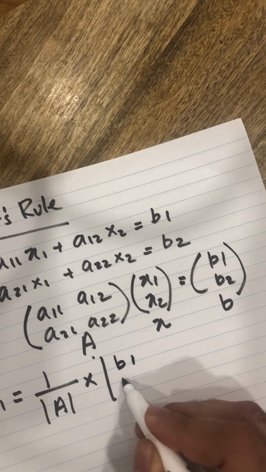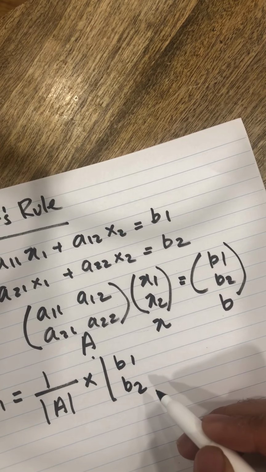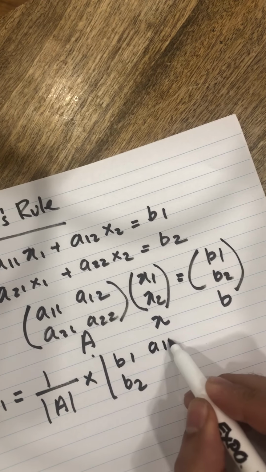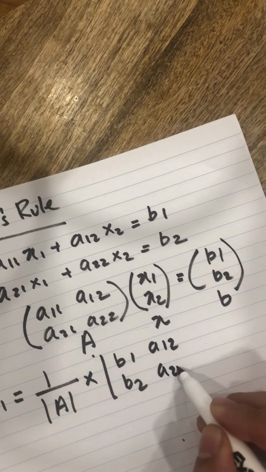So it's b1, b2, and then the other two elements will be the same.